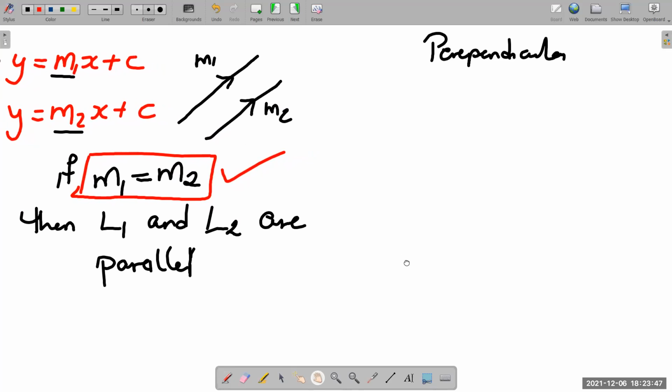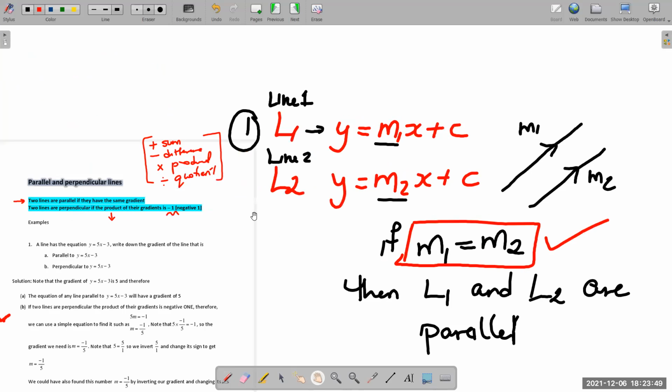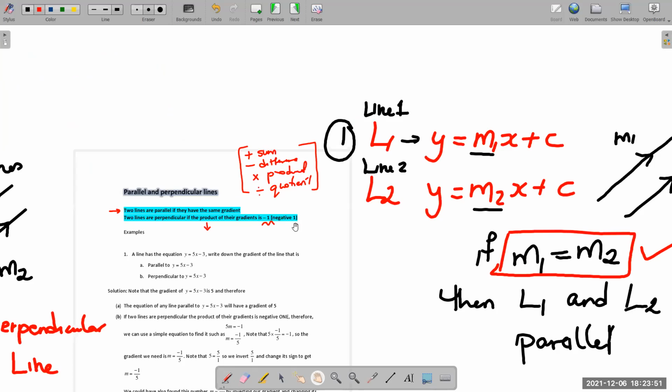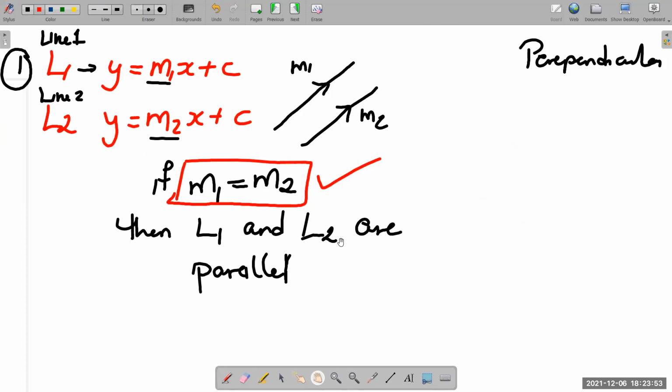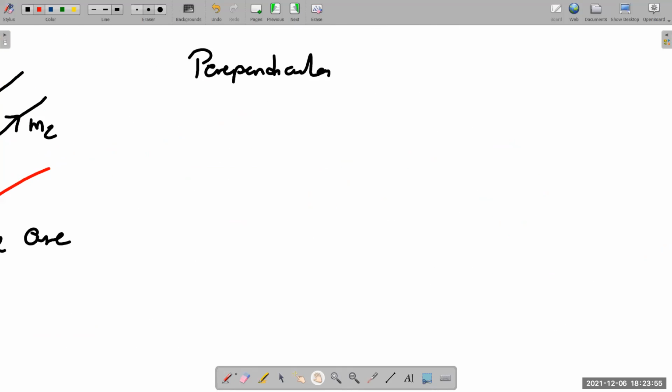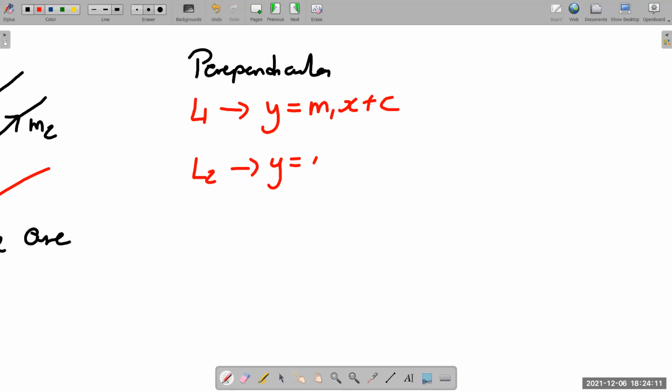Like I said, they gave us one rule, but I'm going to teach you both because it's important for you to know both. I like to teach students all options so that they are strong and aware of all sides. So if you have line 1, and the equation is y equals m1 x plus c, line 2 is y equals m2 x plus c.